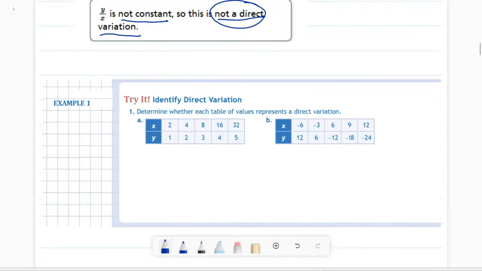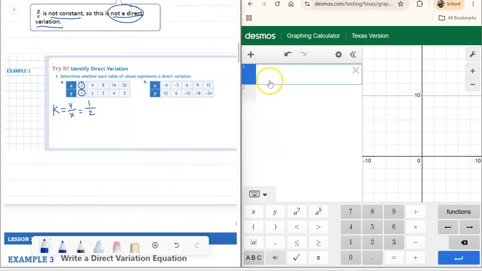Let's try it. It says identify whether it is direct variation or not. So remember, k equals y over x. We're going to take the y, put it on top, the x, put it on bottom, and then type it in Desmos. 1 divided by 2 gives you 0.5.